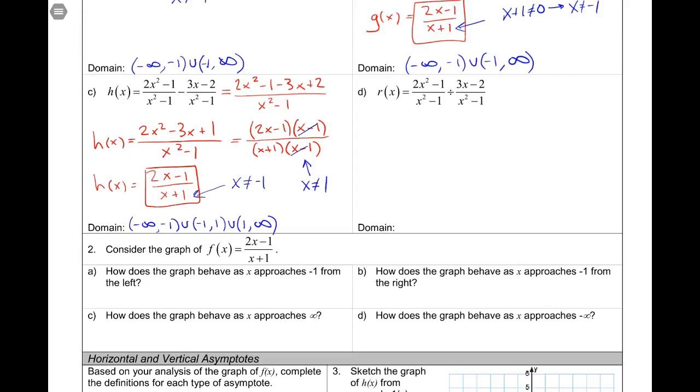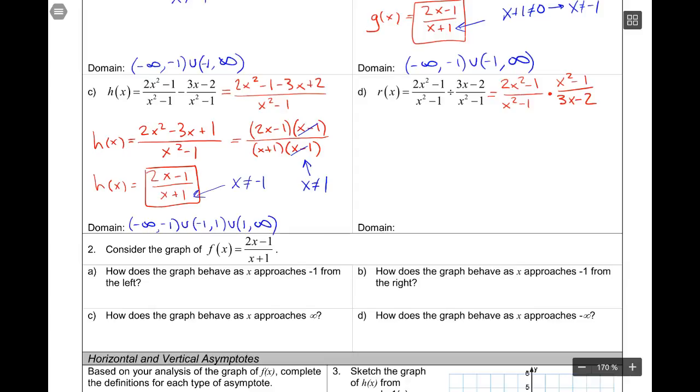Let's move on. One more example here. This is frightening. We're dividing two rational functions. I don't personally like dividing fractions. I'd rather think of it as a multiplication problem. So what I'm going to do is rewrite this as 2x squared minus 1 over x squared minus 1, and multiply by the reciprocal of the second one, which is x squared minus 1 divided by 3x minus 2.